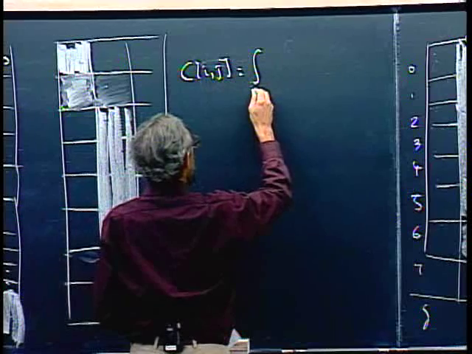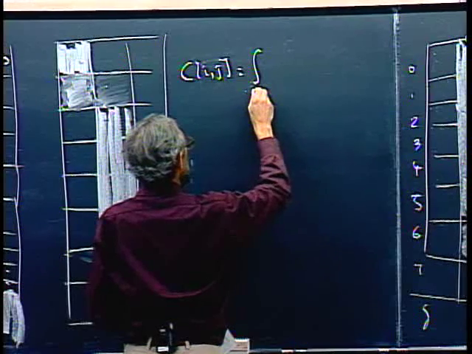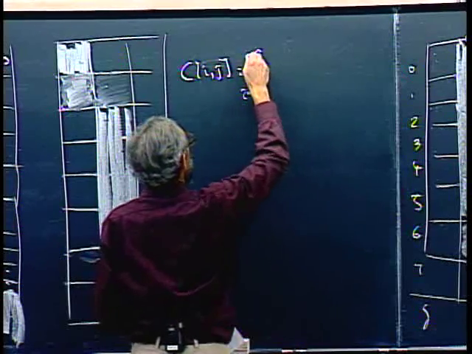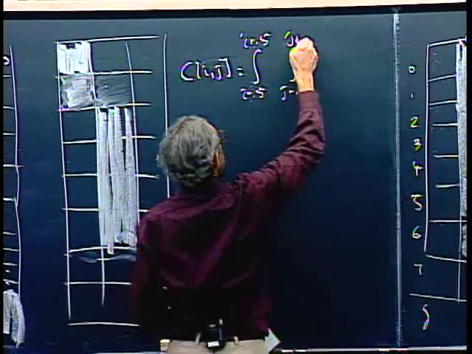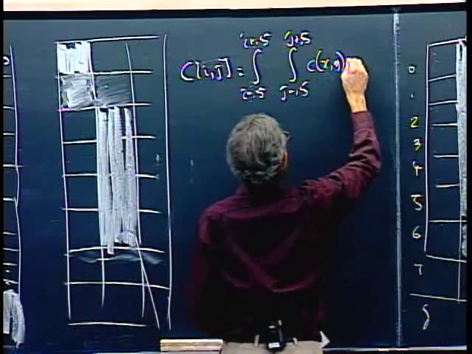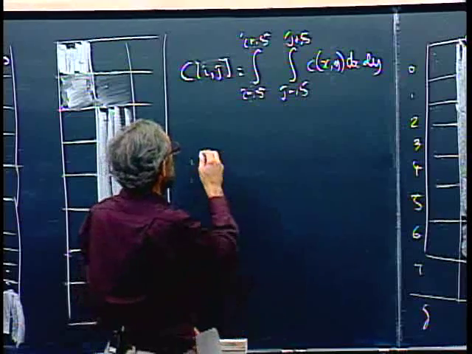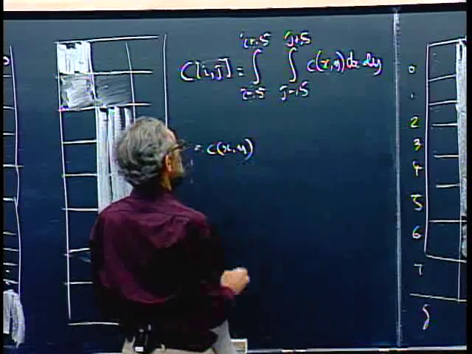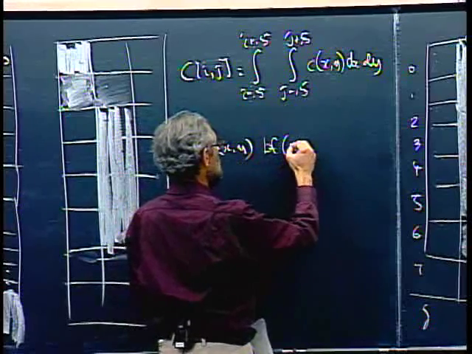The integral from I minus 0.5 to I plus 0.5, integral j minus 0.5, j plus 0.5 of the color x, y, dx, dy.